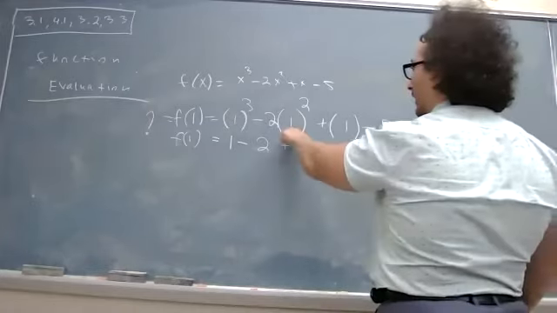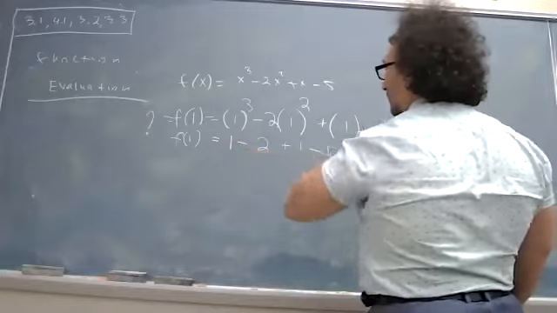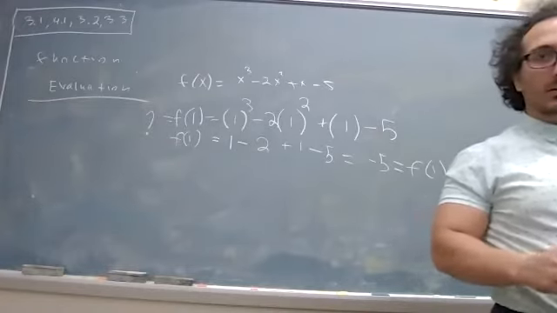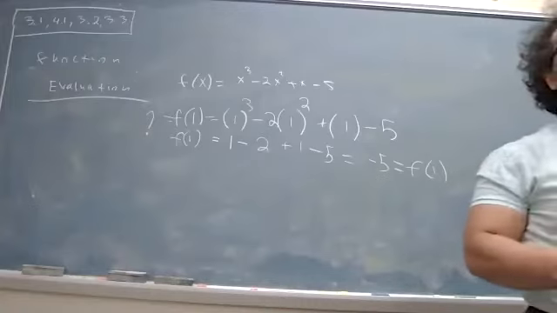Right here. And 1 times 2 is just 2. And there was a negative there, so we put the negative there. Does that answer your question, Tyler?